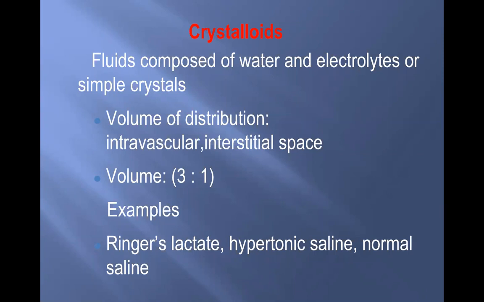As you know, the ratio is 3 to 1, 3 in the interstitial space and 1 in the intravascular compartment. The examples of this type of crystalloid: ringer lactate, hypertonic saline, and normal saline.